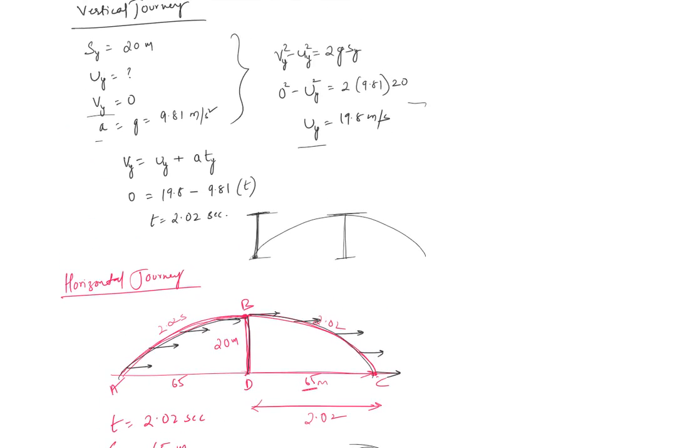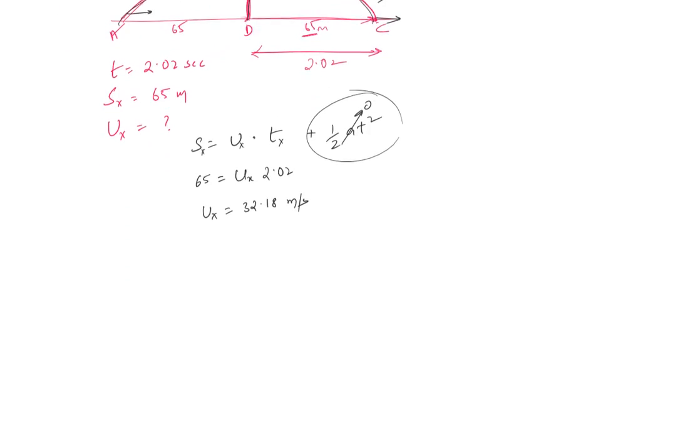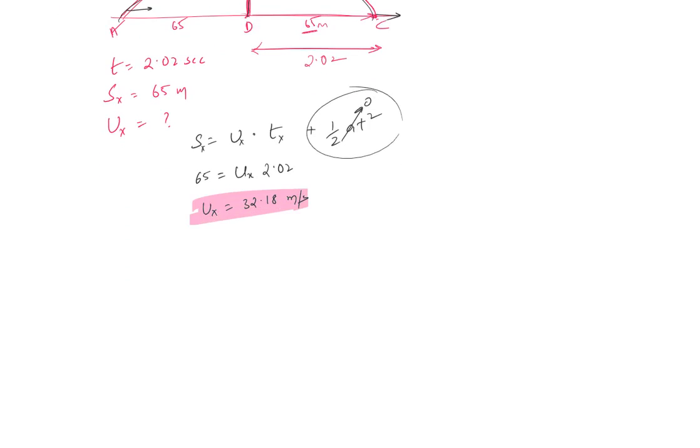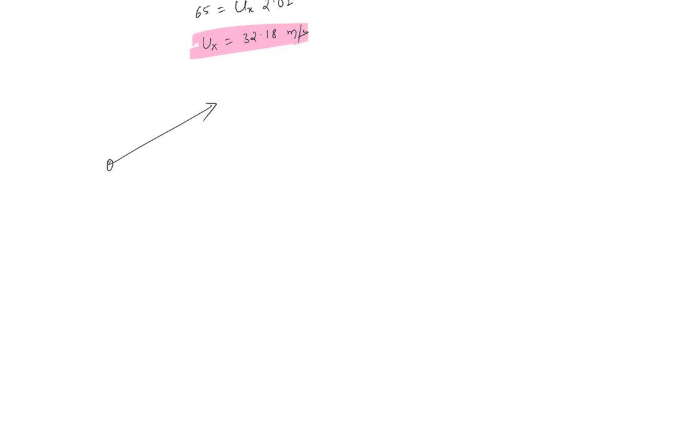So what do we know? We know uy and we know ux, so we have the complete picture. The initial velocity when the ball was thrown has ux equal to 32.18 meters per second.